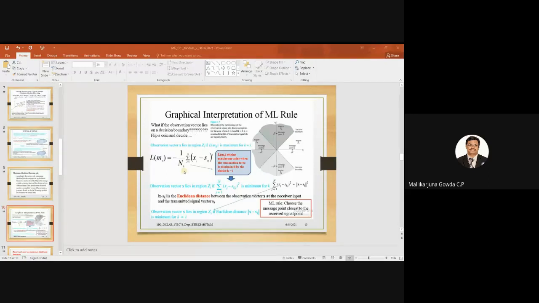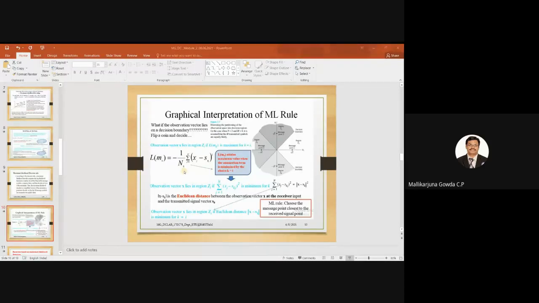So the observation vector x lies in region Zi if L of mk, the log likelihood function of the symbol mk, is maximum for k equal to i.